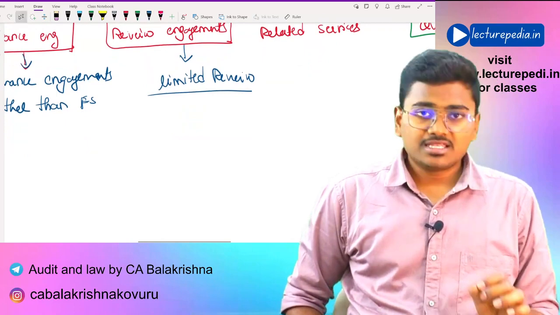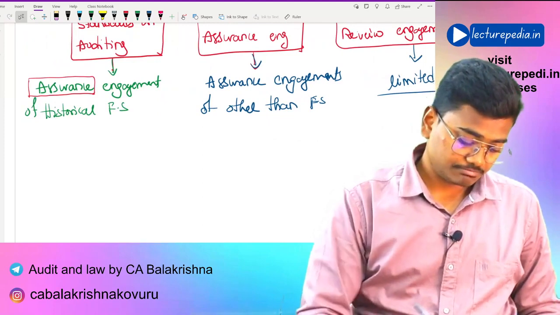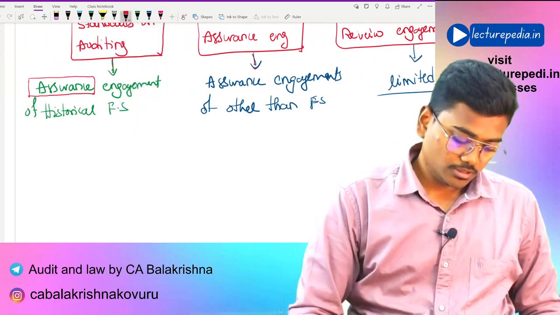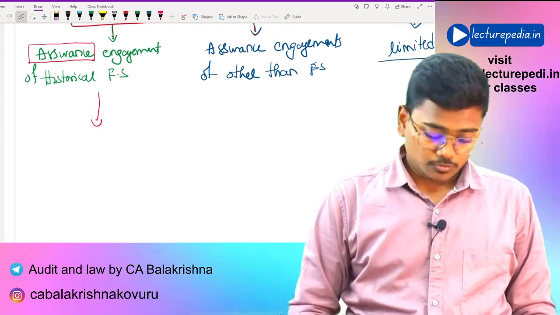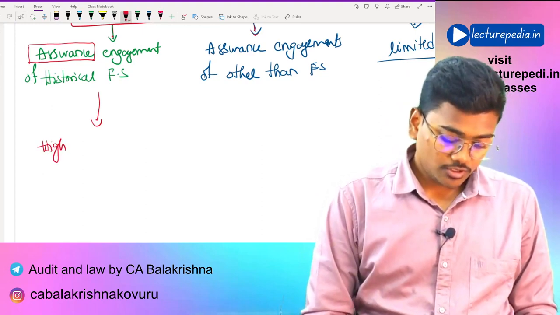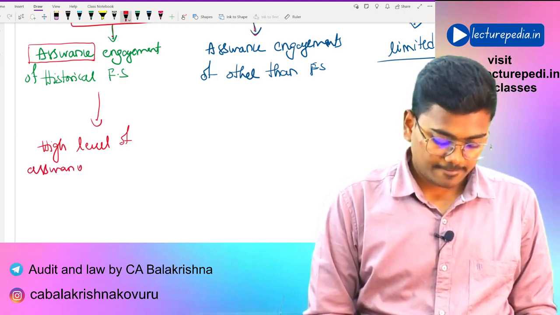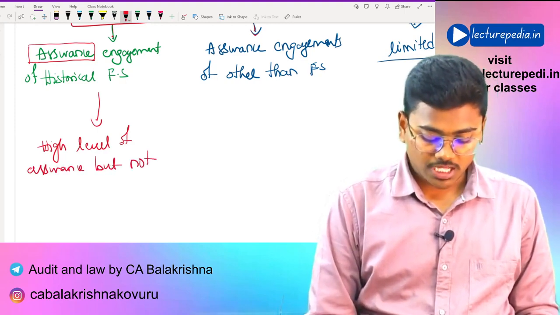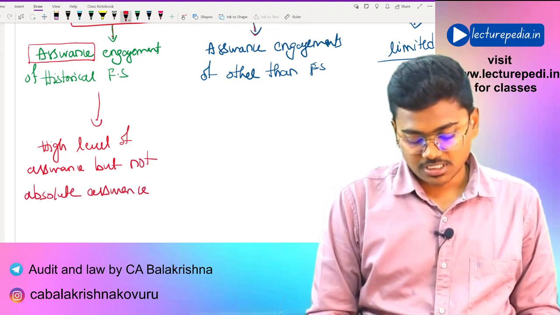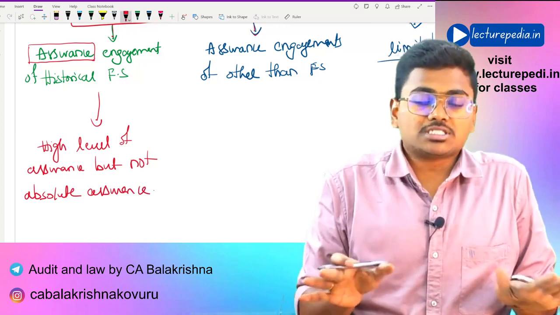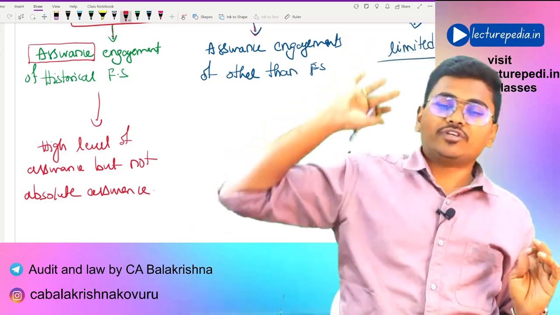In the normal audit, the auditor will give a high level of assurance, but not absolute assurance. Absolute assurance means 100% assurance. The auditor will never give 100% assurance; he will only give a high level of assurance. Why?